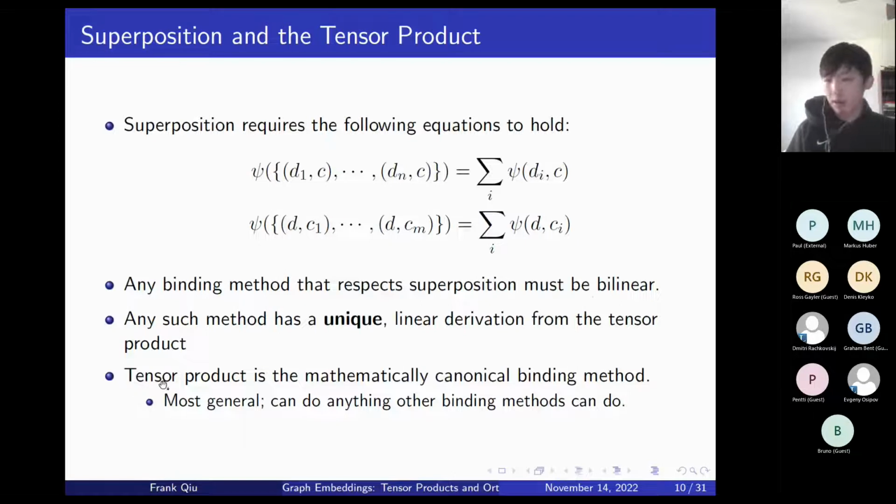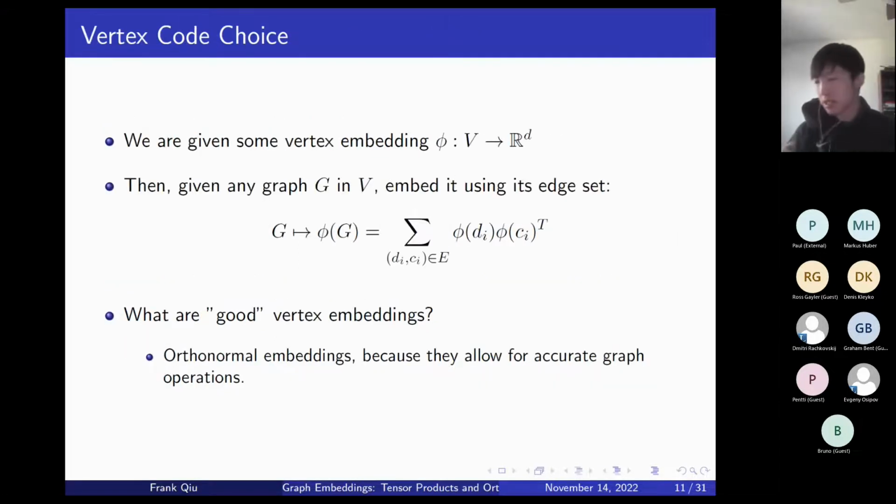So the tensor product is the mathematically canonical binding method for all edge embedding methods that respect superposition, and it can do anything that these other binding methods can do. That's a nice thing about the tensor product. But now let's go on to the other side of the coin, the vertex code choice.